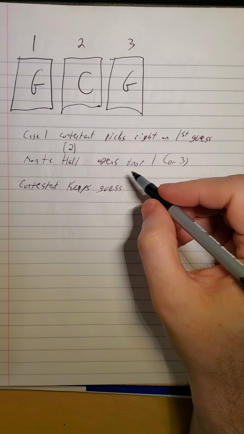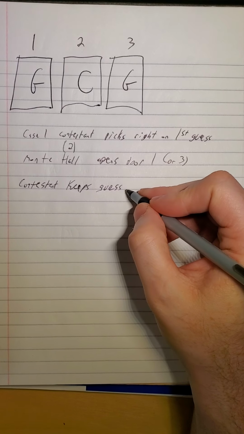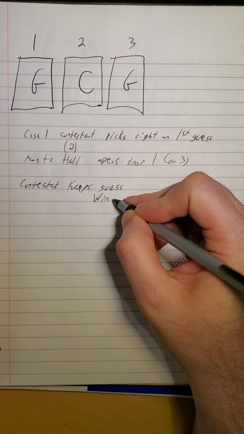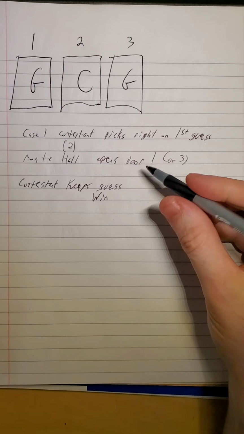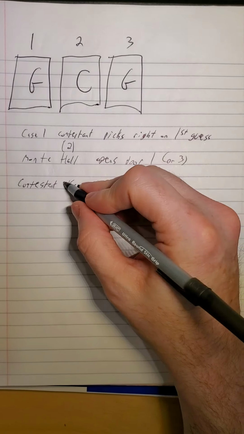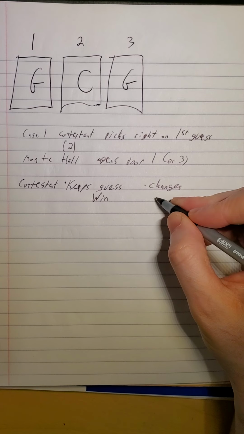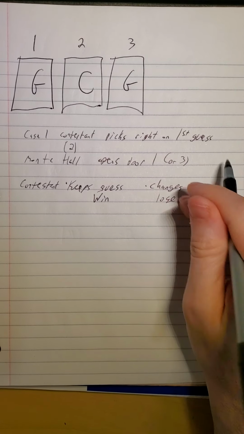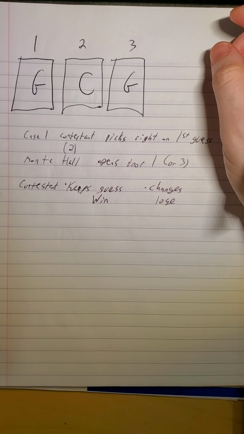If the contestant keeps their guess and they picked right on the first guess, they win. Congratulations, you win a car. Otherwise, they get a goat. We don't want to get a goat.